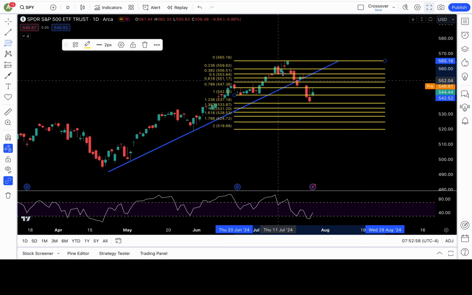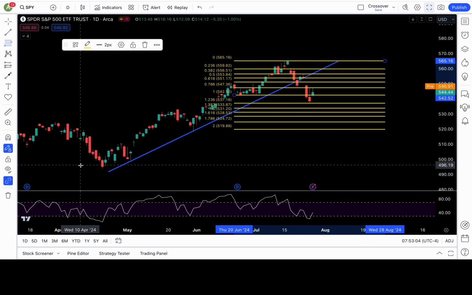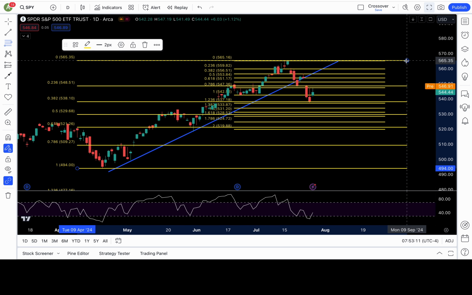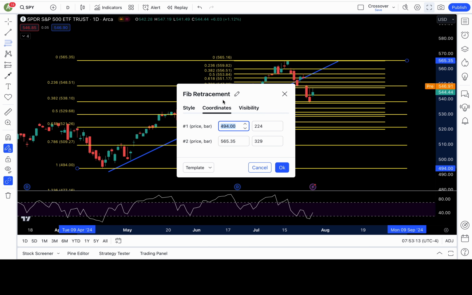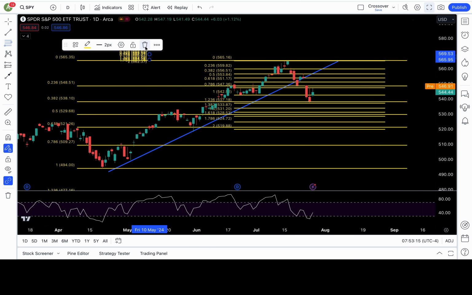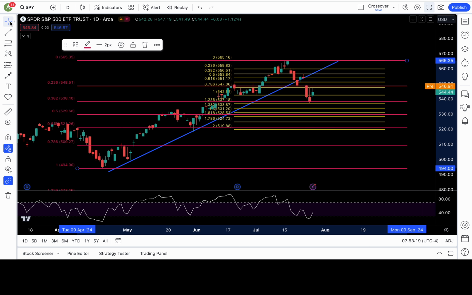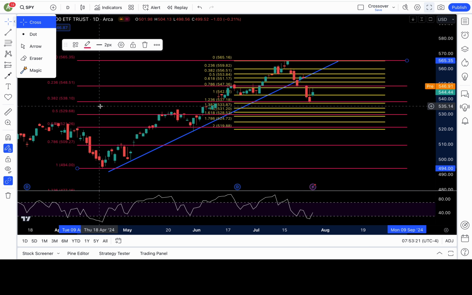All right, so we've got an uptrend line, and we have fib levels for the shorter term right here. We want to track this uptrend line as well, so we want to get fib levels for that. We'll start from the April 19th low up to the new all-time highs. We'll change the color to pink so we'll know the difference.